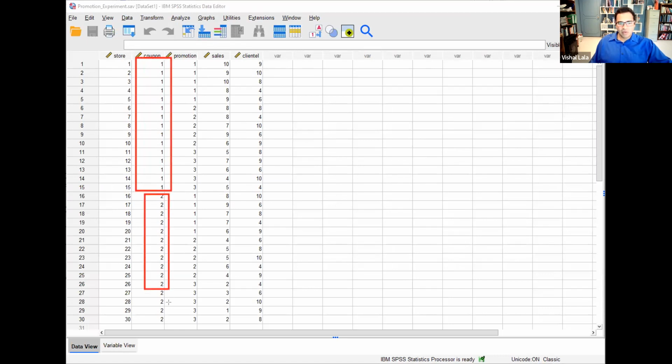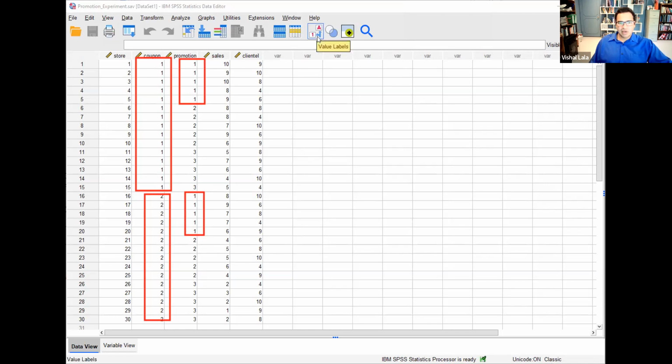Another 15 are in the coupon condition. Similarly, we have a total of 10 stores in the promotion equal to 1 condition, 10 in the promotion 2 condition and so on.